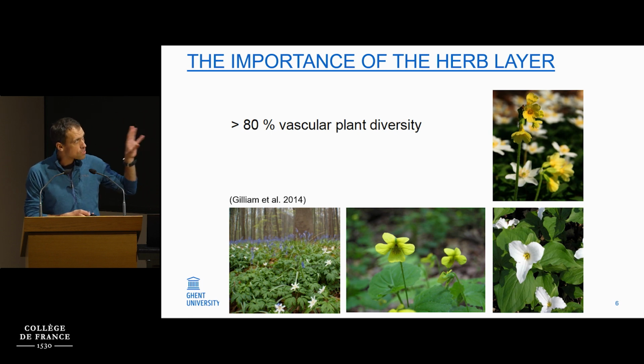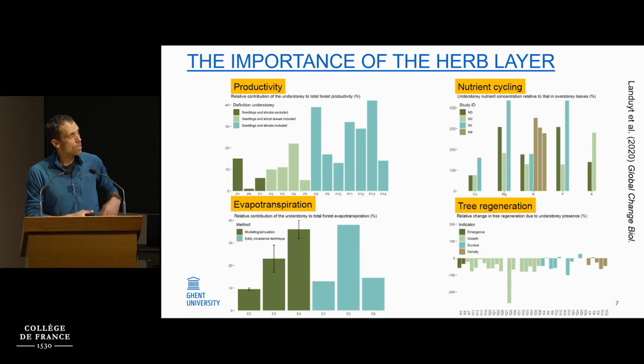So for biodiversity, this is a super important layer in temperate forests, but also for the functioning of the forest. It's often neglected, and for carbon stocks or evapotranspiration or climate impacts mitigation, people only look at the trees, but this herb layer should not be neglected also for ecosystem functioning of the total forest.